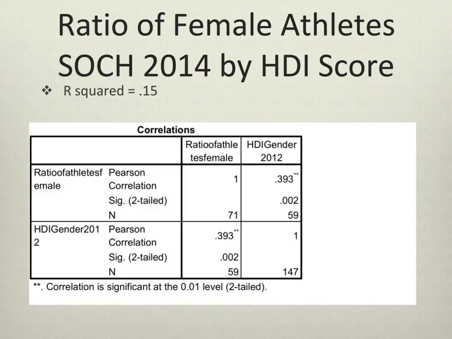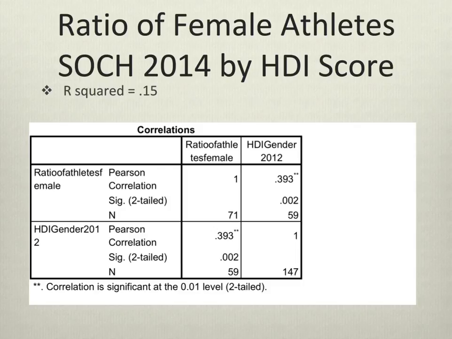Here's another example. I hypothesized that the ratio of female athletes that a nation sent to Sochi would be predicted by that nation's score on the Human Development Index. Again, you want to look at a cell in which the HDI gender score on the Human Development Index intersects with the ratio of female athletes.